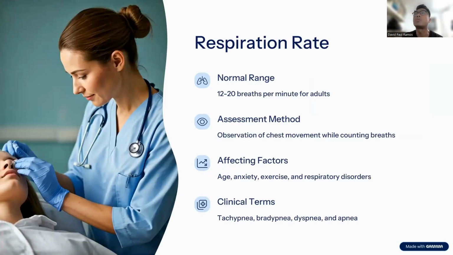Next is respiration. Respiration measures how many breaths a person takes per minute. With normal adult, it's between 12 to 20 breaths per minute. It is best assessed by discreetly observing chest movements. Factors like age, anxiety, exercise, or respiratory illnesses can affect breathing.